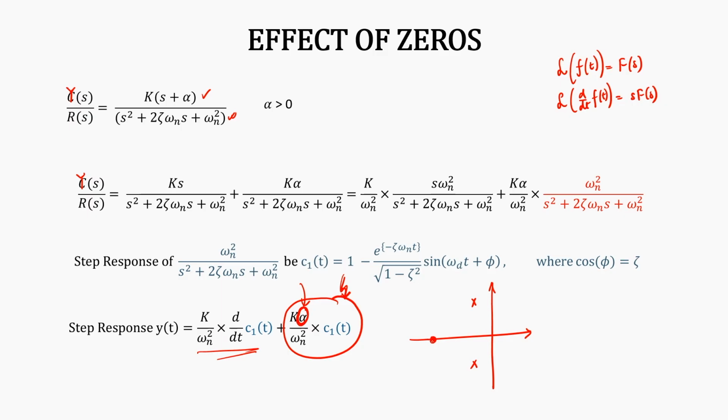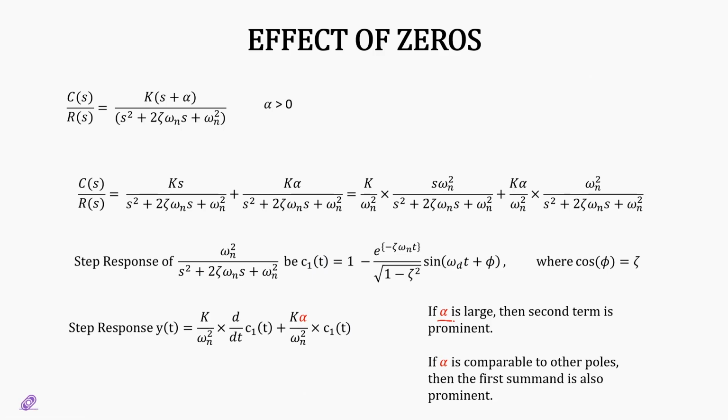Zeros are symbolized by circles and poles are symbolized by crosses. So, this is a zero, suppose at minus alpha. Now, if the value of alpha is high, meaning alpha is further away from these two second order poles, then the effect of this term will be much higher. So, if alpha is higher, then the second term is prominent. If alpha is comparable to the other poles, then the first summand is also prominent.